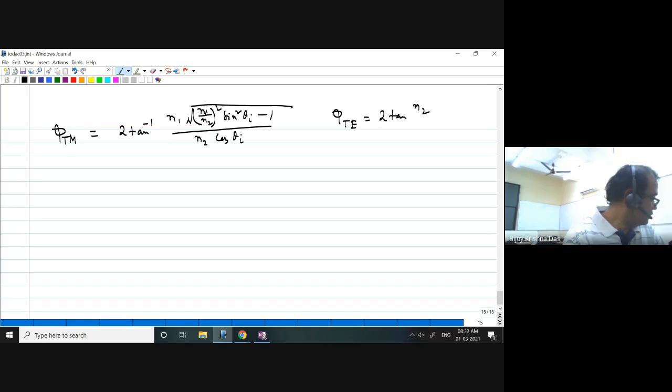N2 square root of (N1 by N2) square sine square theta I minus 1, divided by N1 cos theta I. So this is your phi t.